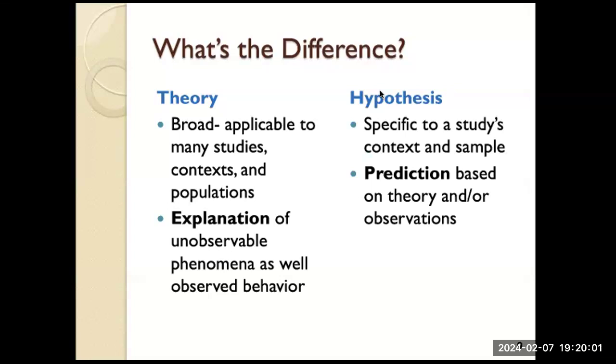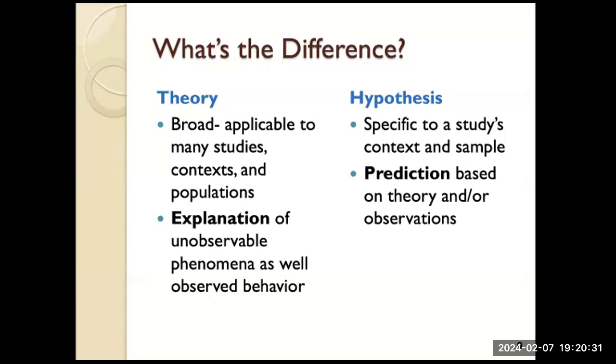So if I give you an example and I say, is this a theory or a hypothesis? If it sounds like it's very general and can be applied to many different situations, chances are it's a theory. On the other hand, if it's something specific, like people who drink 2 cups of coffee or more are more likely to finish reading a 50-page novel than those who do not, that is a hypothesis.